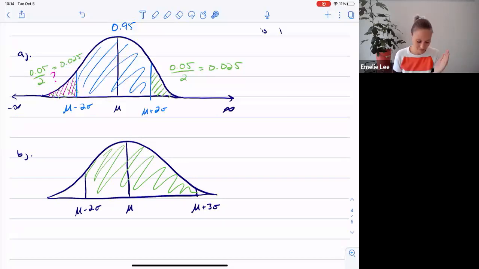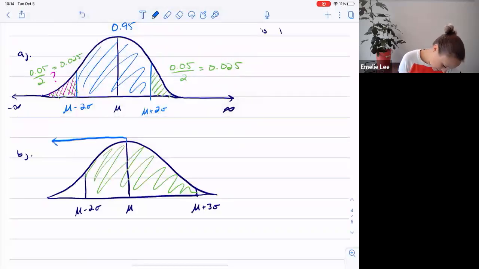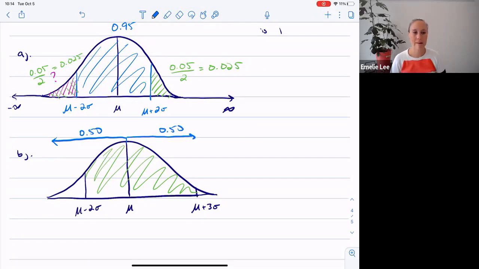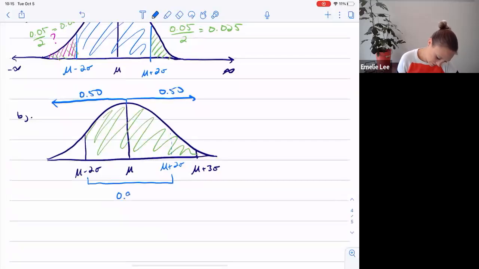So here, if I want this area, well, that's going to be 0.5. And this area is going to be 0.5. What we can do is think about, okay, if I've moved out 2 sigma, so 2 standard deviations, then I could say mu plus 2 sigma has an area in between of 0.95.